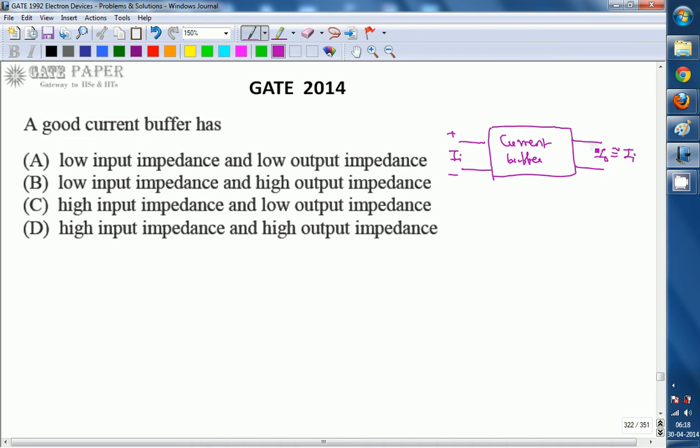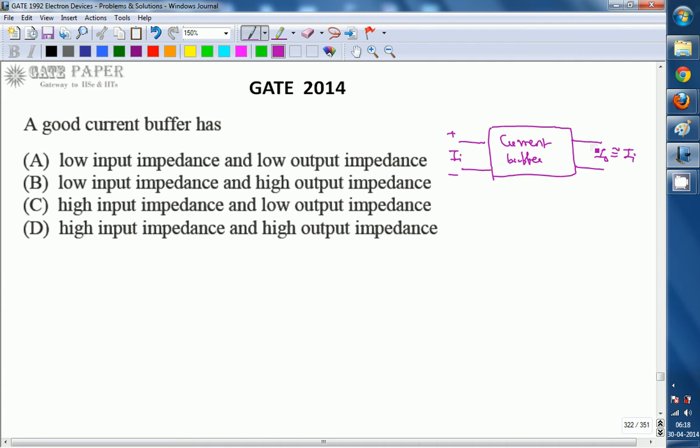So the input signal current strength will not decrease even though it is traveling for more distances. In between, we place current buffers. A current buffer is a device which increases the strength of the current signal present at the input and produces an output current signal with more strength.